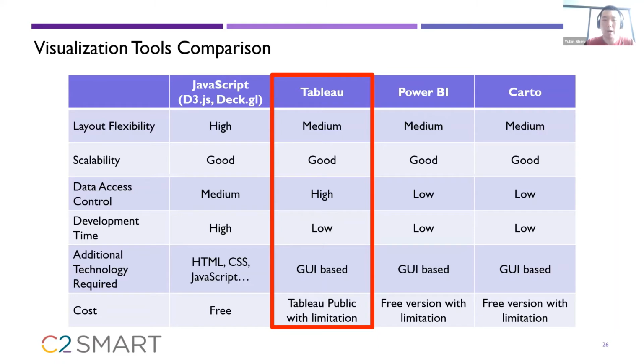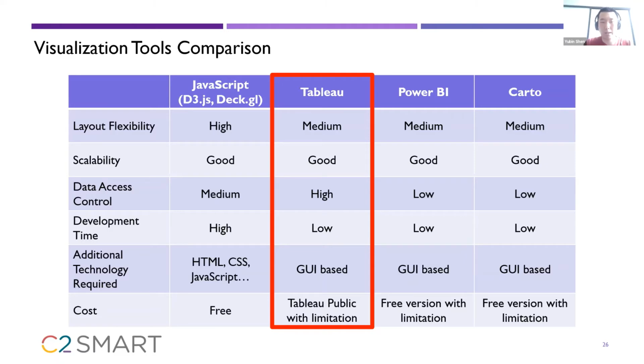That's why we chose Tableau. Tableau has a lot of good features, and they offer Tableau Public, which is free and very convenient for the user because they offer a GUI, so you can just click. It's easier than coding or writing scripts to analyze the data or to pump out the dashboard. So let's move on.